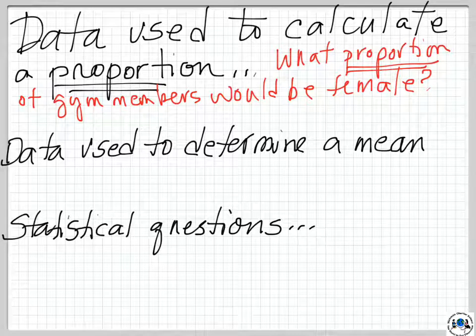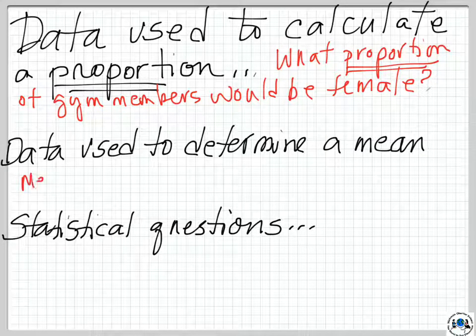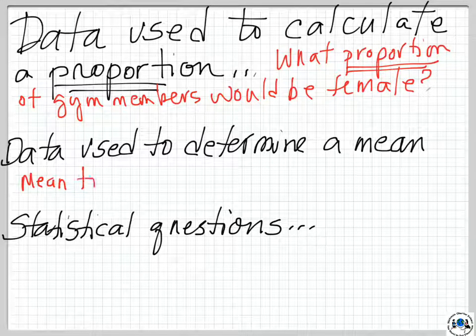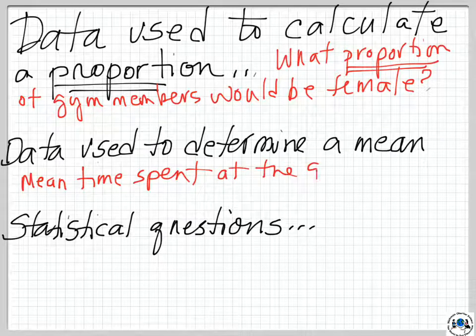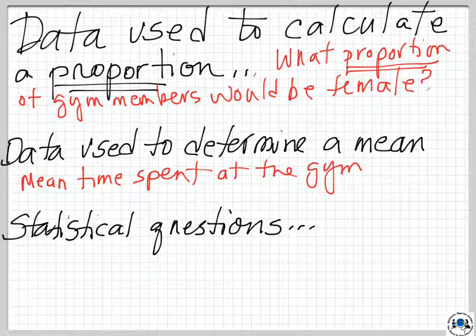Other examples we've looked at dealt with data used to determine a mean. Again, back to the gym. We talked about the mean time spent at the gym. If you remember that example, the population was 800, with about 52 minutes or so.